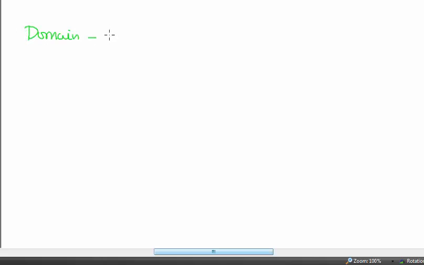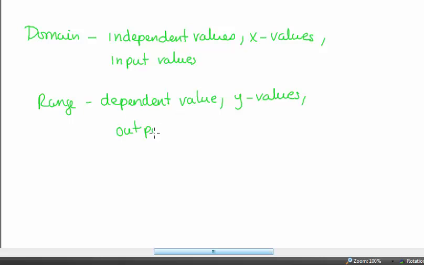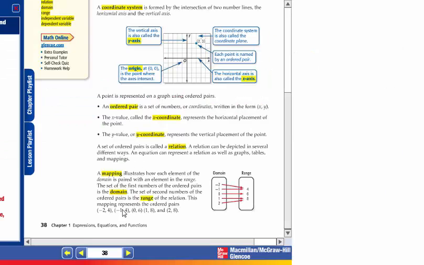All right, domain is the set of independent values, also our x values, also known as our input values. And then the range is the dependent value because the y values depend on the x value we choose. And so these are the output values. Okay, so those are mappings.